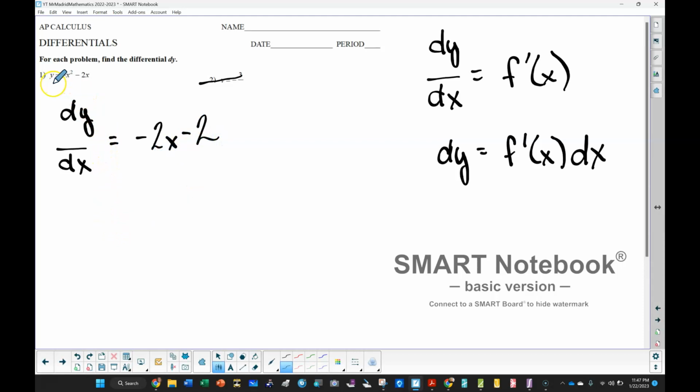So we've differentiated y, but since they're asking us for the differential y, we simply multiply by dx. So we have the differential y equals negative 2x minus 2 dx. Very straightforward. Let's move forward. You guys will get some practice on that.